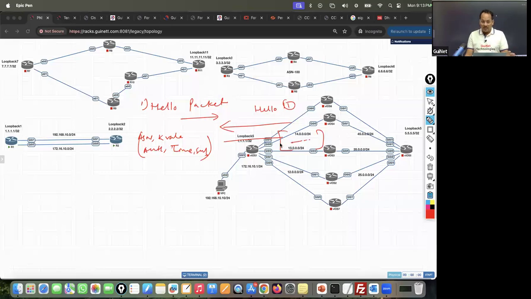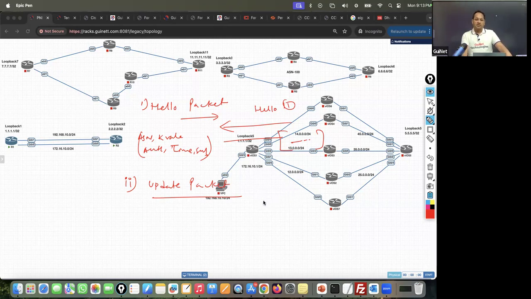If they both match, then what happens? They send the second packet, known as the update packet. If these parameters do not match, they will not form any relationship and the update packet is never going to be exchanged.